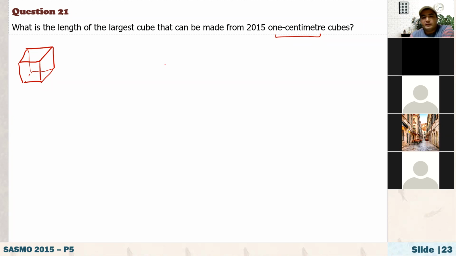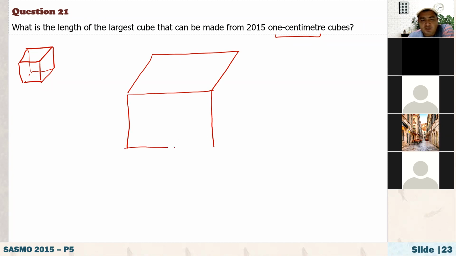Suppose that is a possible biggest cube that we can make using these 2015 cubes, right? Suppose. So if this one is the biggest one, and cube means all sides are equal.